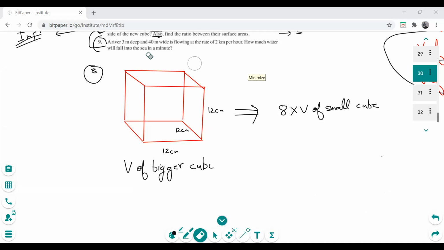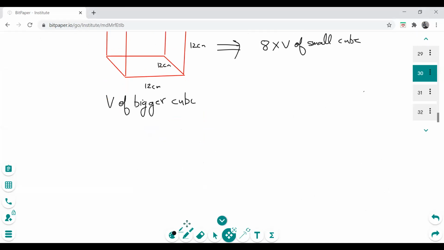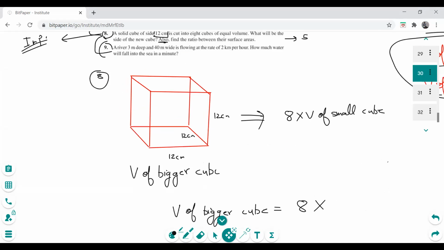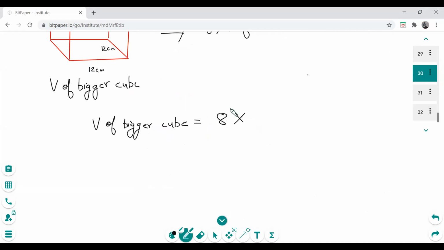Okay, good. So now let's solve this. The volume of the bigger cube must be 8 times the volume of the smaller cube, because it is being cut into 8 smaller cubes, right? I can show you how it is cut. It can be cut in a number of ways actually. That's the 3D kind of thing. Now, what is the formula of the volume of a cube?